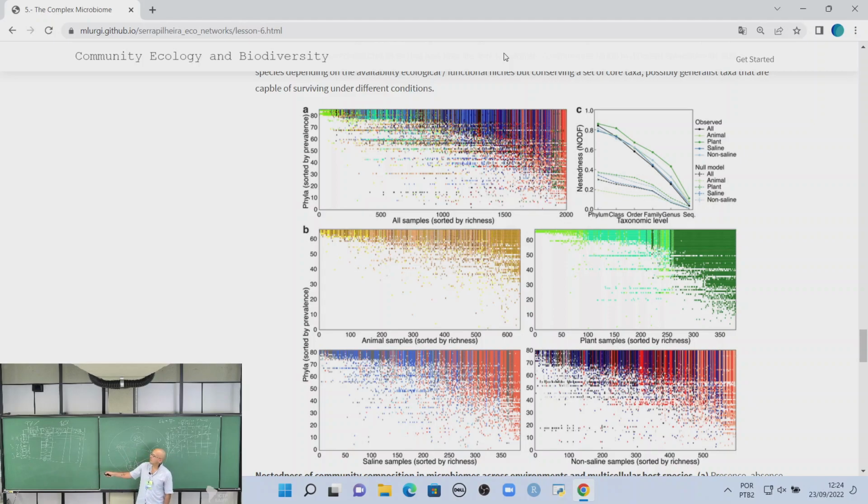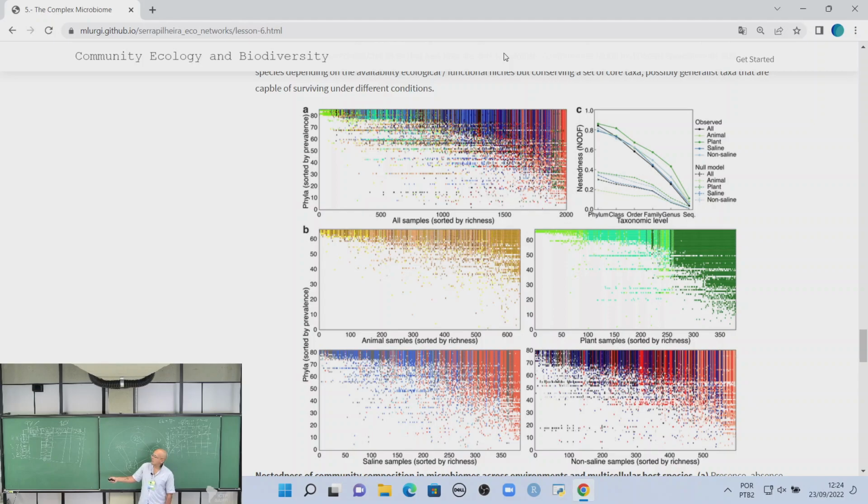You see this kind of arch-shaped pattern in which most of the presences are concentrated in one part of the matrix, and the rest is totally white. In this case, on the x-axis we have a specific animal species or plant species or location in the planet, and on the y-axis we have the composition of the community in terms of bacterial taxa.